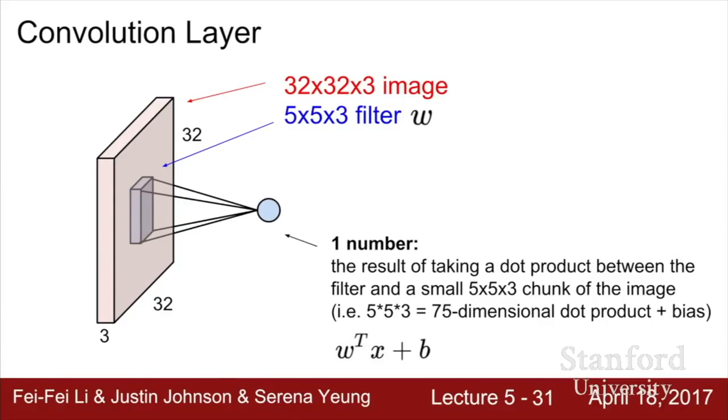This is going to give us a dot product. In this case, we have 5 times 5 times 3 multiplications that we're going to do, plus a bias term. So this is basically taking our filter W and doing W transpose times X plus bias. So is that clear how this works?